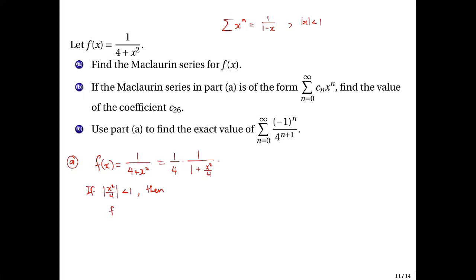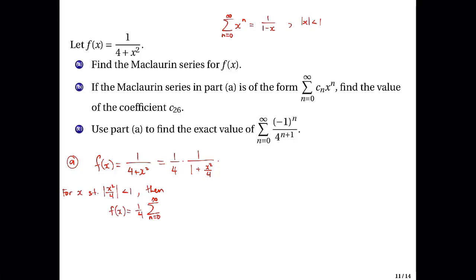such that this function, we can now write using this as 1/4 sum from n equals 0 to plus infinity. By the way, here we start with 0, okay?